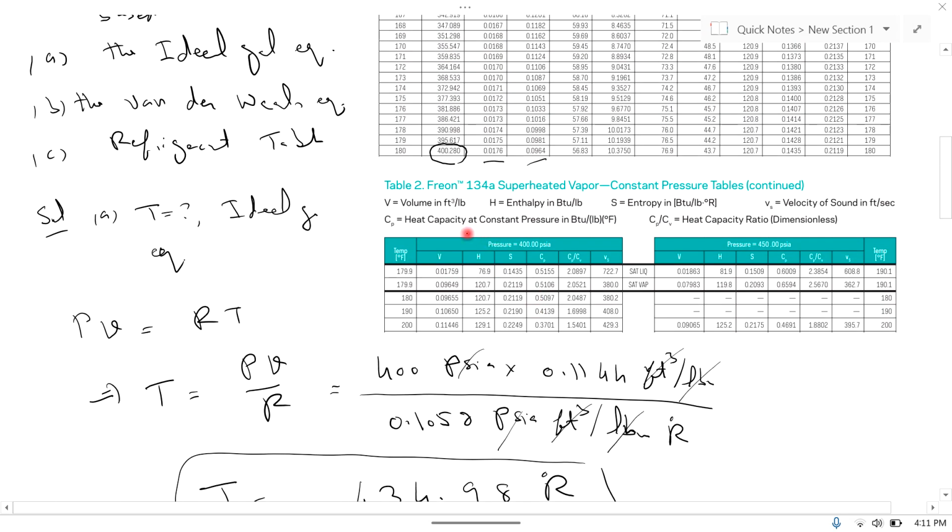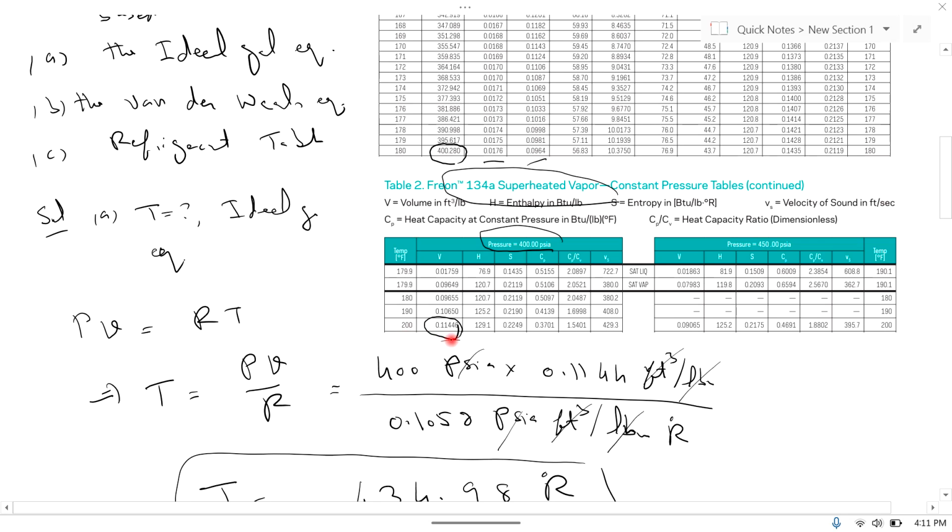So this is superheated table, R134A superheated vapor, and this is pressure 400. So check here volume 0.11146, almost equal to 0.1144. Very negligible difference. So there is no change if we do interpolation.